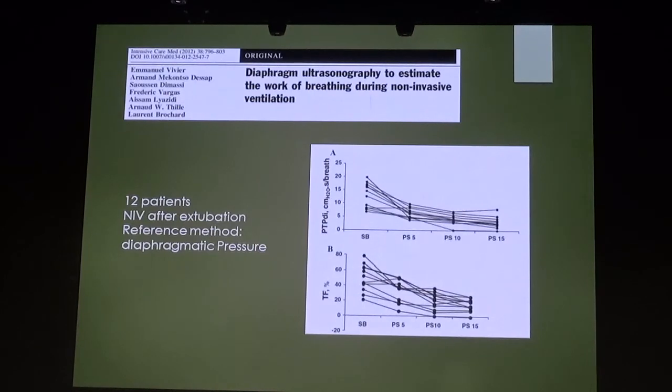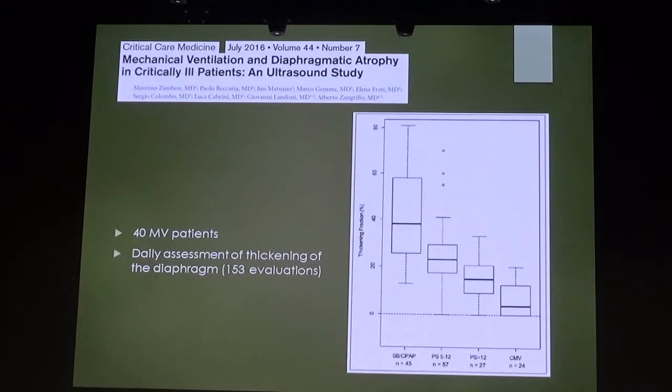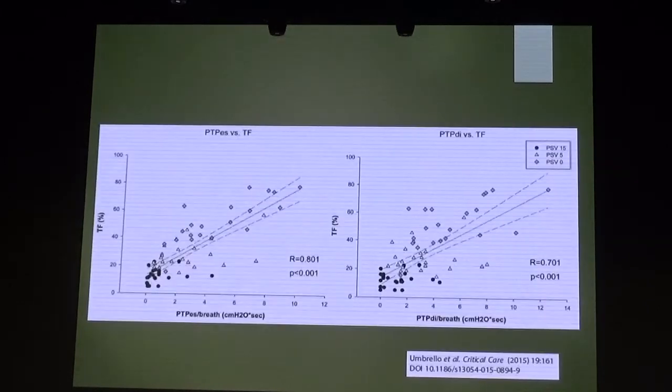That means that the diaphragm is unloaded. We repeated the study in mechanically ventilated, intubated patients, and as you can see, the results are quite similar, passing from spontaneous breathing to controlled mechanical ventilation. The thickening fraction decreased almost to zero.